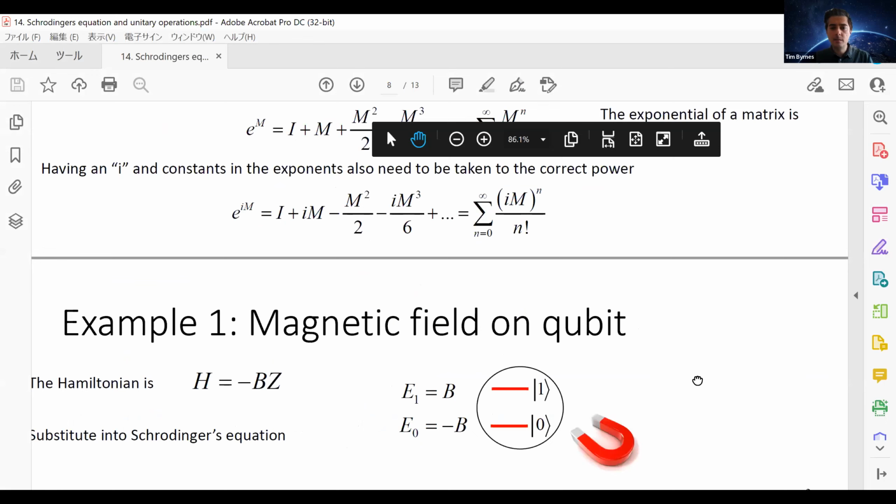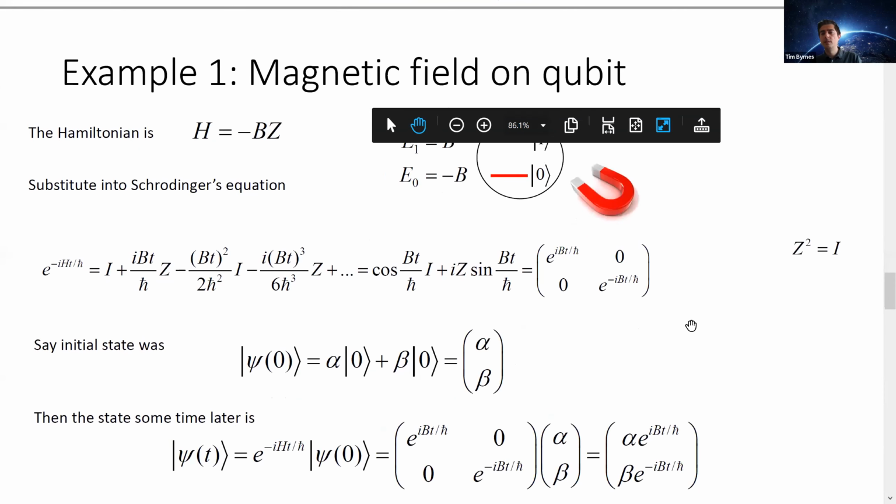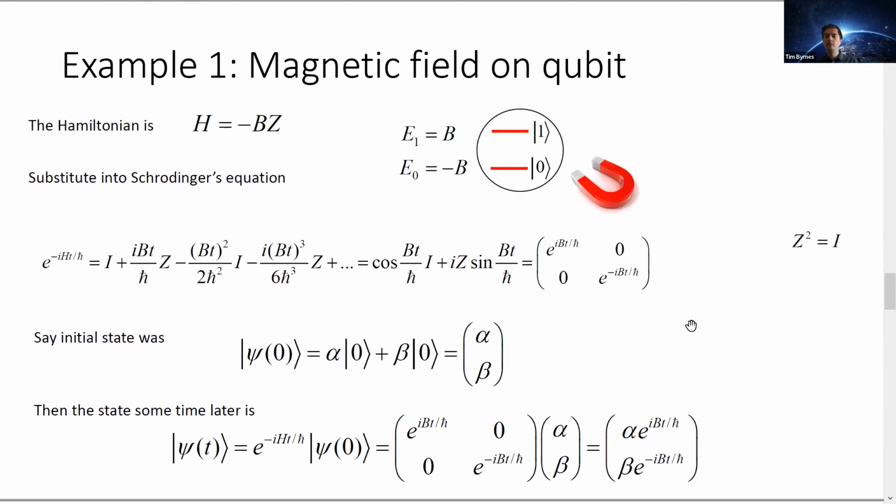So that, at least, taught you how it works, but probably you need a few examples to figure out how to actually do calculations with it. So let's do a couple of simple calculations to show you how you work out this kind of time evolution.